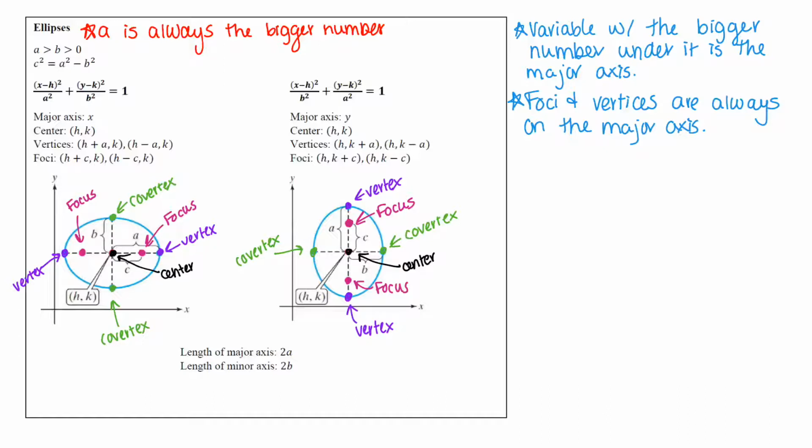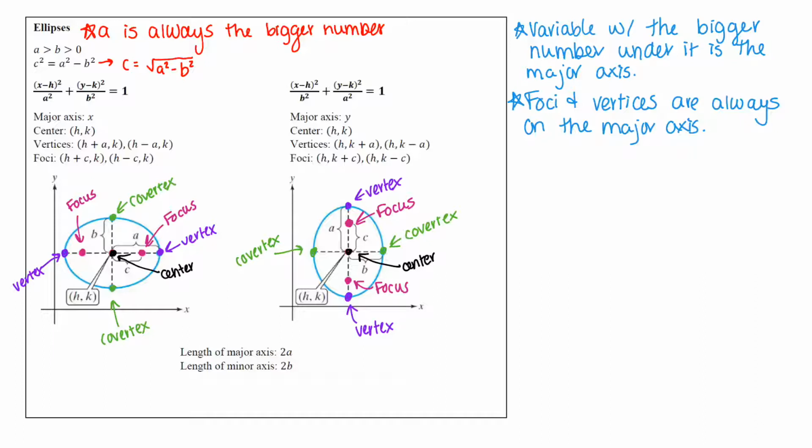Finally, I want to talk about A, B, and C. These are going to be the letters you see in this picture and that are also being used up here. H, K is the center, just like it was with the circle, so I won't bother talking about H, K. C, really quickly, is the same thing as the square root of A squared minus B squared.